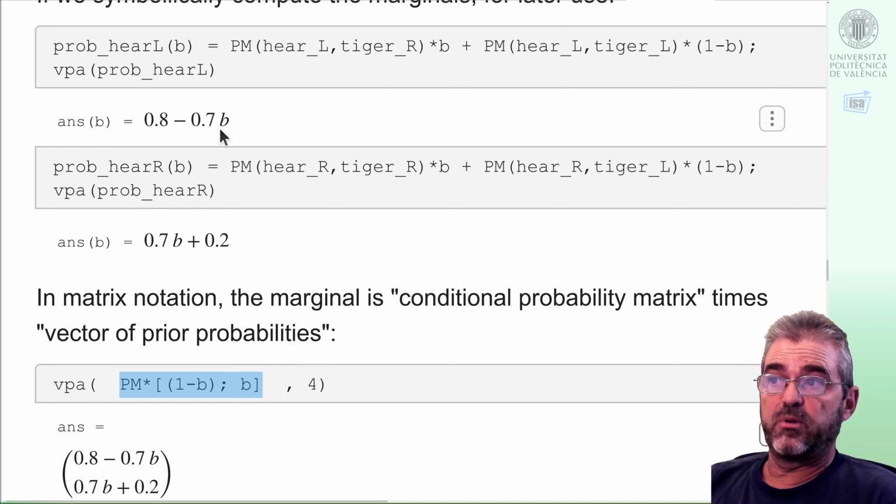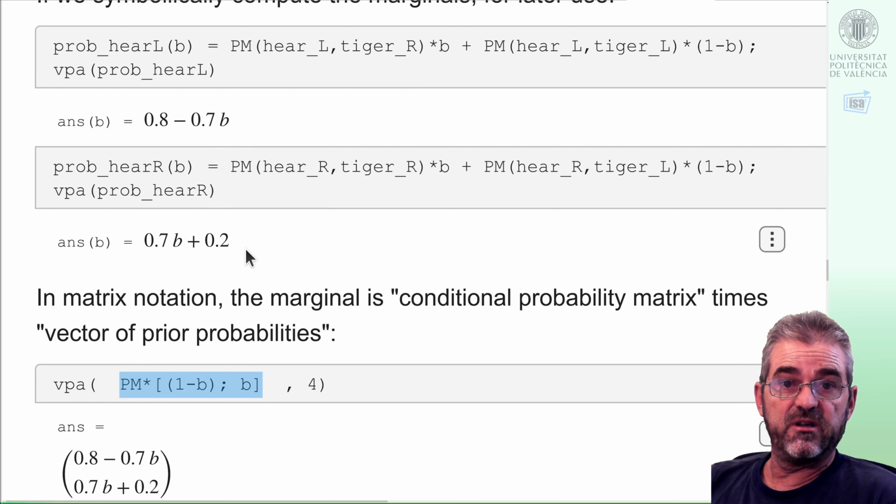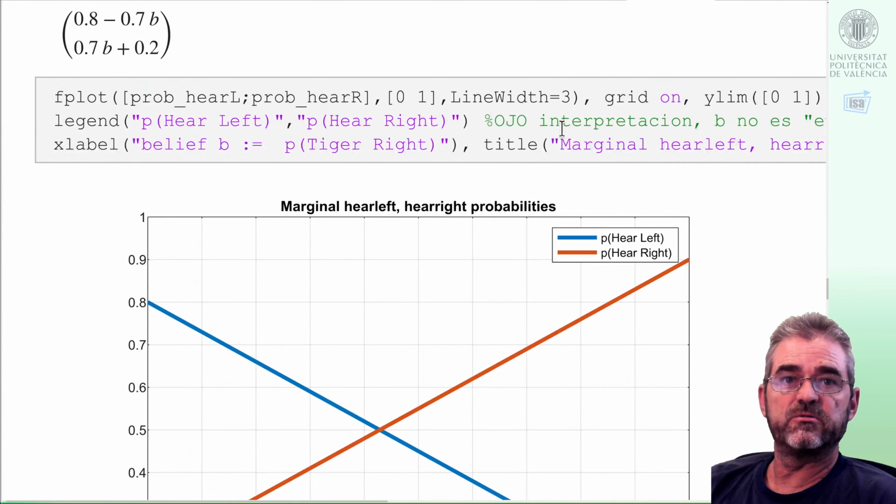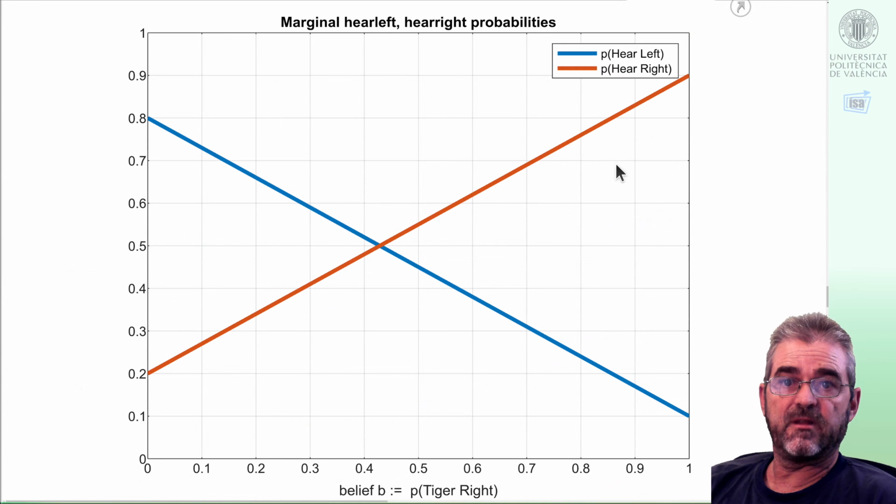Let us plot these functions in order to better understand what they mean. I'll use this code, and this is the plot in which the abscissa represents the value of my initial belief on where the tiger will be, at the right, the prior probability, and depending on that B, I will get the marginal of hearing left or right.